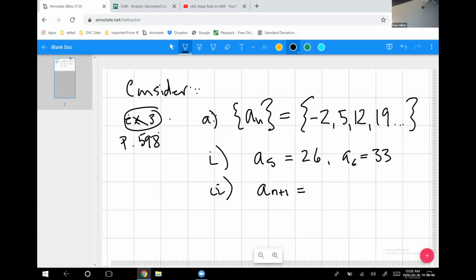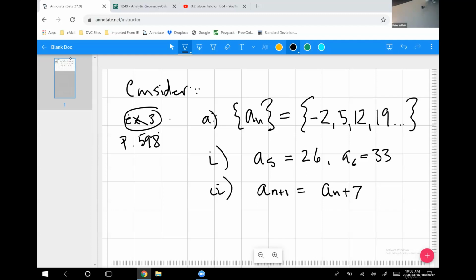So I could write in this case that that would be the nth term plus 7. So this is referred to as a recursive formula, or as the book calls it, we're finding a recurrence relation that generates the sequence. So this basically says that every time you have an nth term, the way you get to the next one is you add 7, and then you just keep going that way.